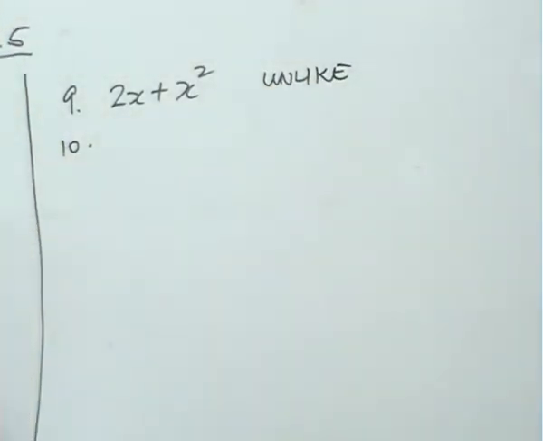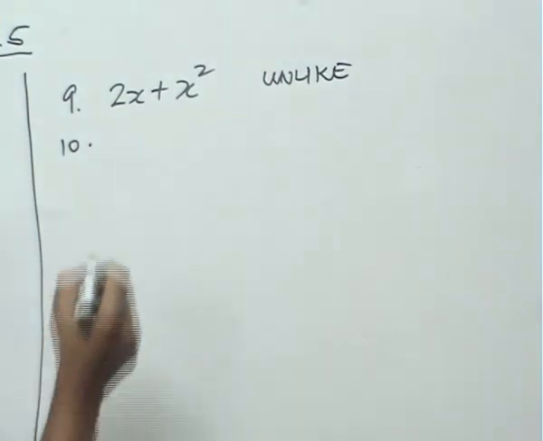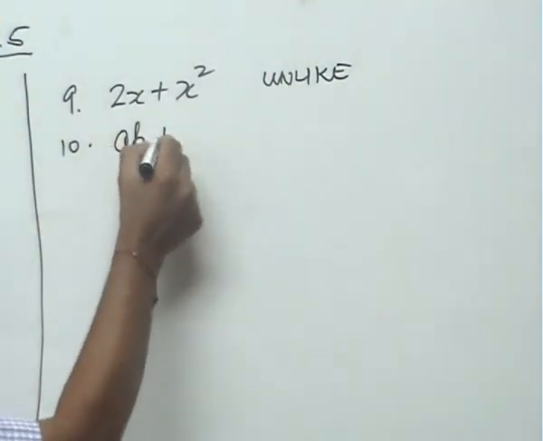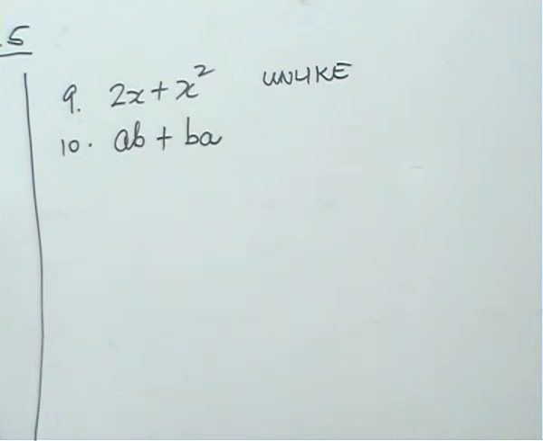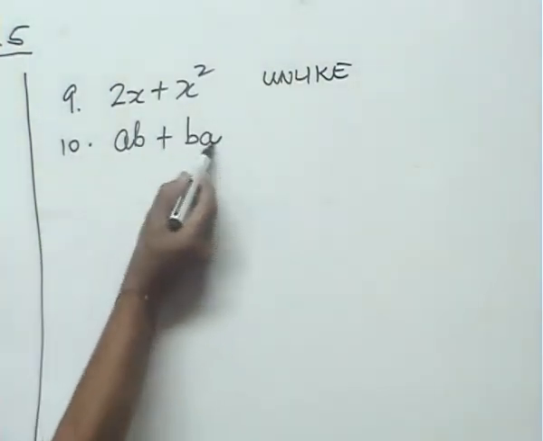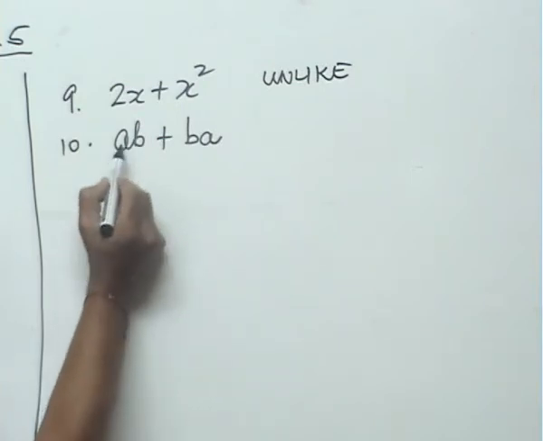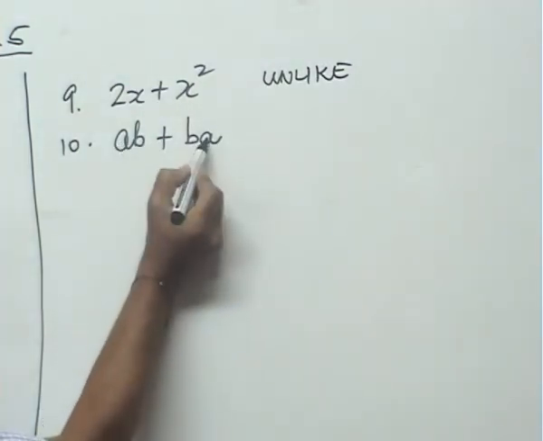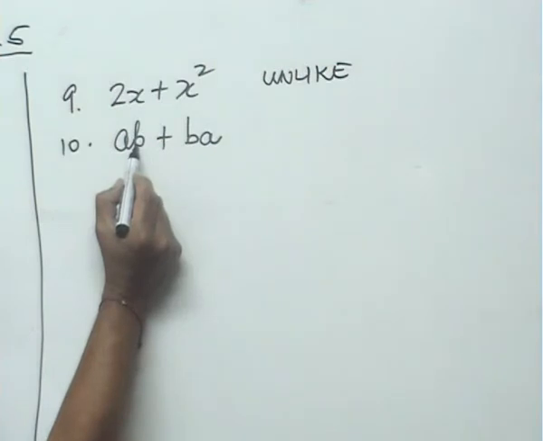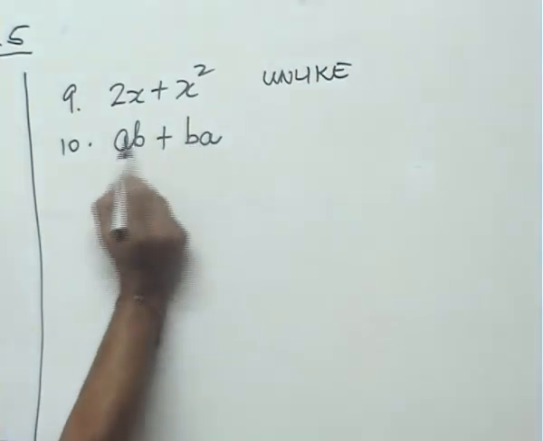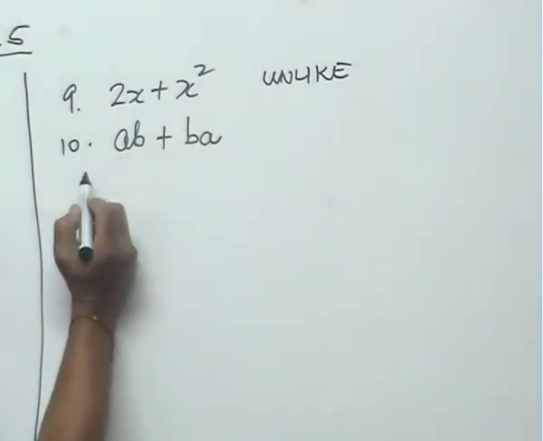Number 10. ab plus ba. Now, I need to explain something to you here. If you're comparing the powers, they're exactly the same. The power here is a, the power there is a. The power here is b, the power there is b. These powers are exactly the same.